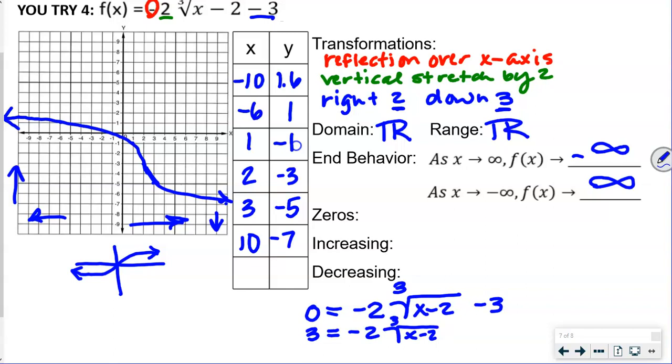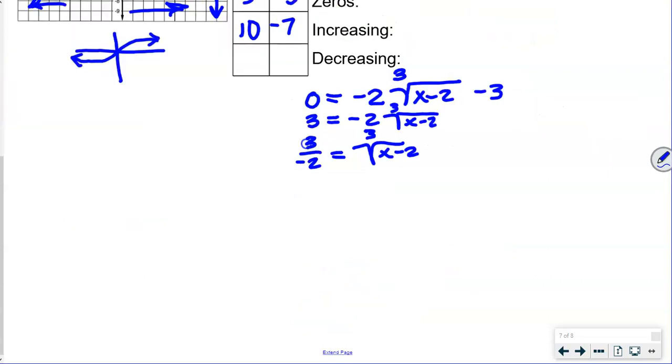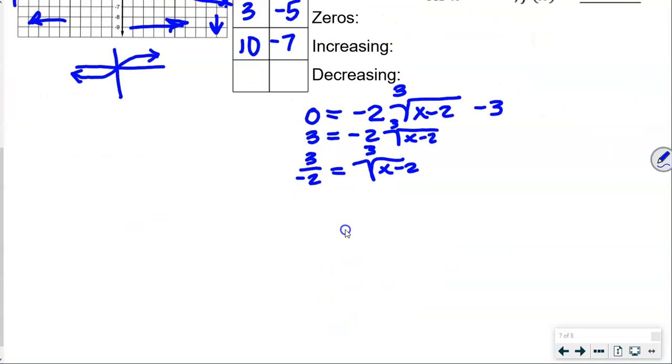So what I'm going to do is I'm going to divide both sides by negative 2. It's going to be 3 over negative 2 is equal to the cube root of x minus 2. Okay? So I'm going to extend this page down here so I have a little more room to work. So now aren't we going to cube both sides? We are. So we're going to cube both sides.